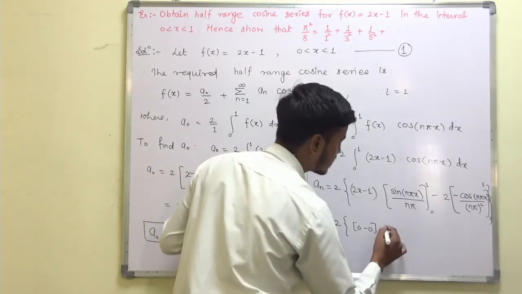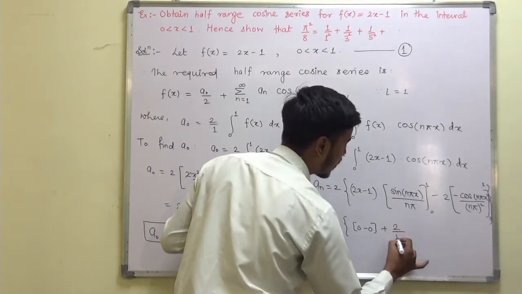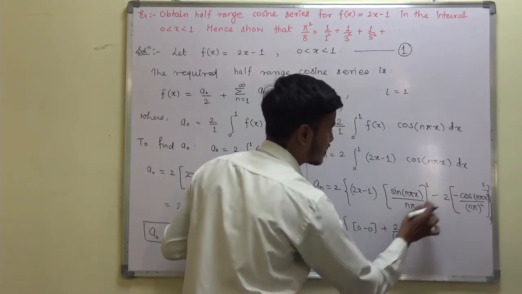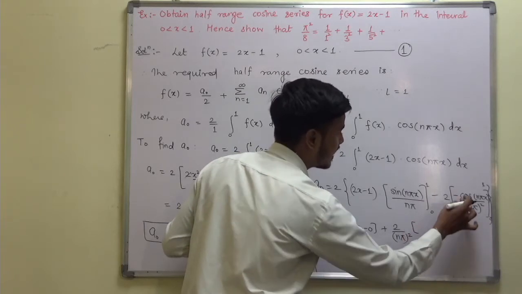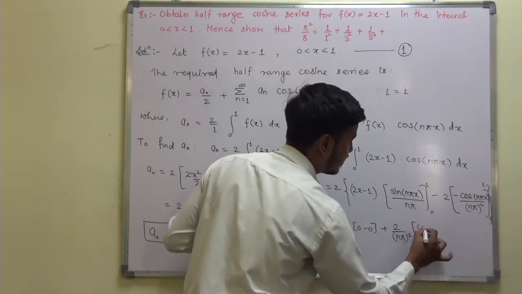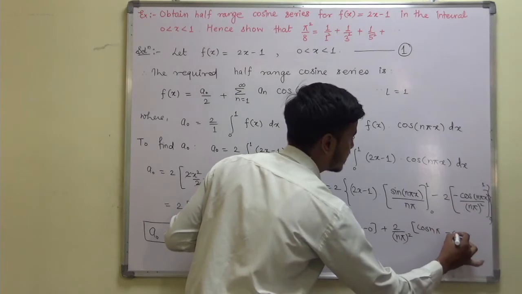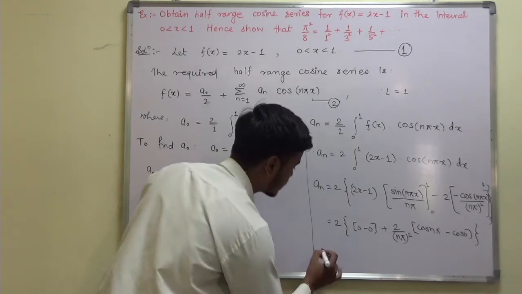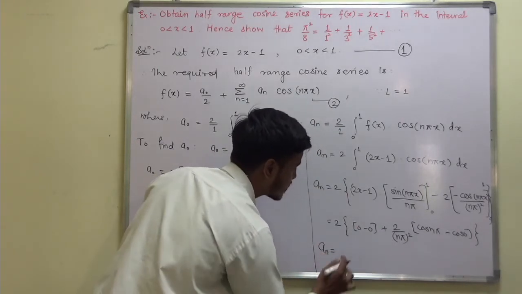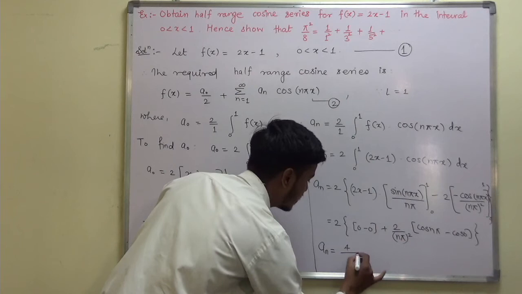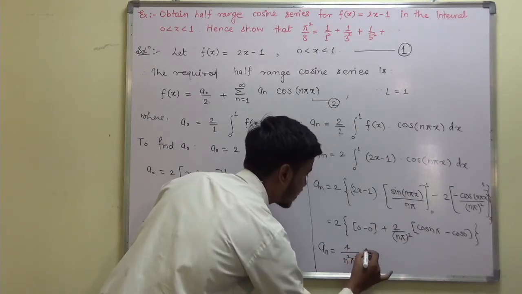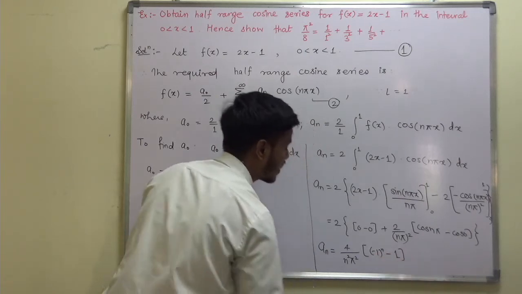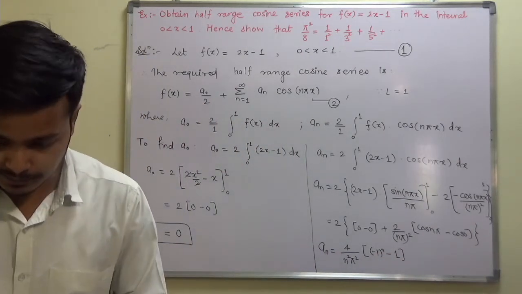This minus minus becomes plus 2 upon n pi square, and now you can apply here, so this is cos n pi minus cos 0. Okay, this bracket complete. So what is my an? My an comes out to be 2 2s are 4, n square pi square, cos n pi is minus 1 to the power n, cos 0 is 1.